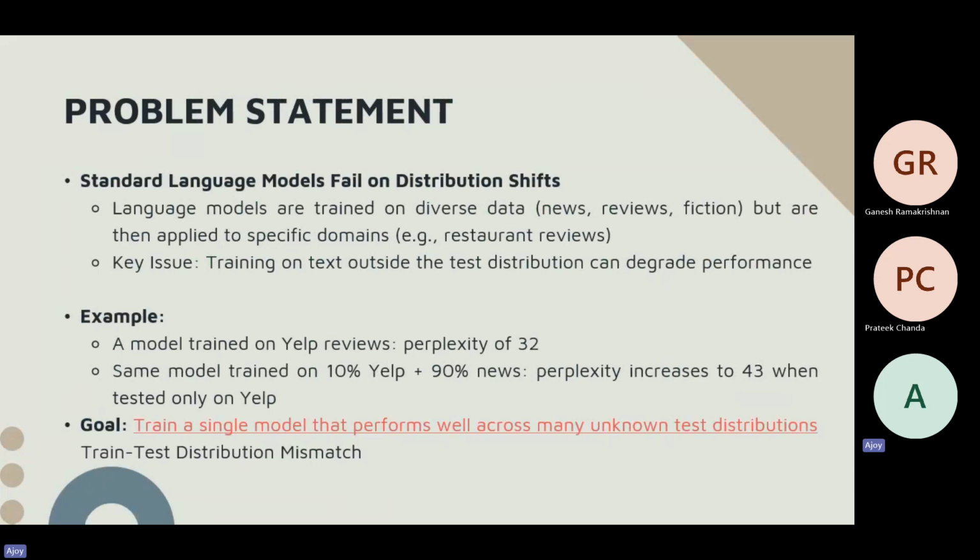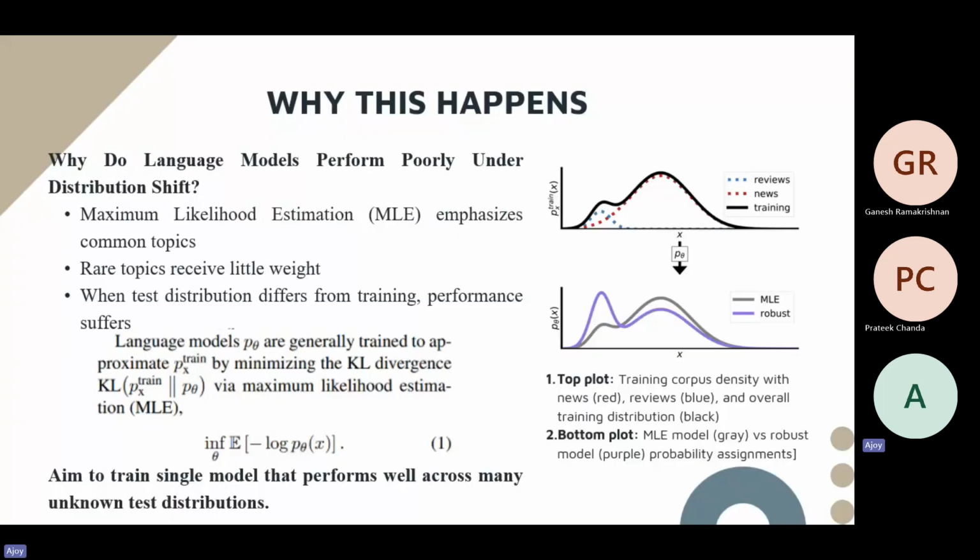So what we're trying to do is train a model which is able to perform. So we are trying to minimize the worst case testing case as well. So how we do that is next. So okay, this is what MLE does, because, as I just said earlier, it doesn't look at the edge cases, it's trying to look at the average, so it looks at what is the most common one.